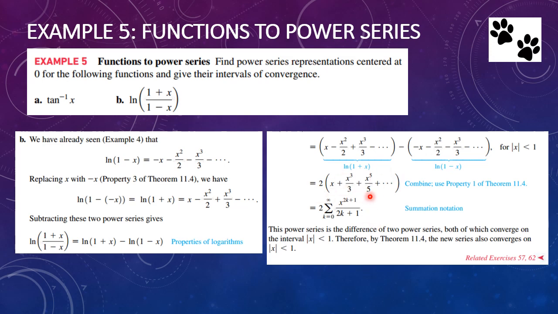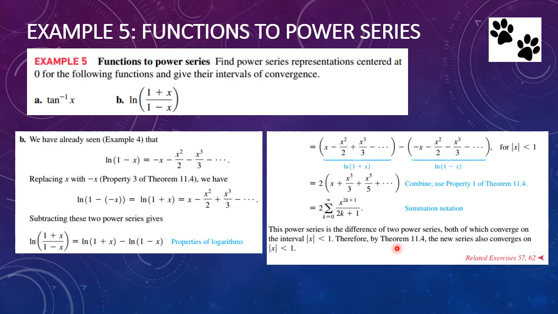So again, looking at this, when k equals 0, we get x. We actually have the exact same thing we had before, except that it's not alternating. So we can put the 2 out in front, and then it's x to the 2k plus 1 over 2k plus 1. And again, what we're doing here to write it in series representation is looking at the values in the numerator, denominator, and on powers, and then trying to relate them to the integer values of k. k equals 0, k equals 1, etc. Okay?